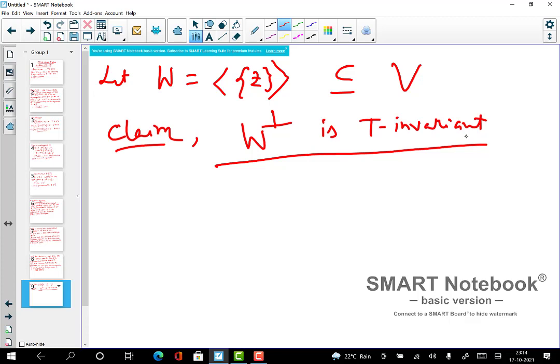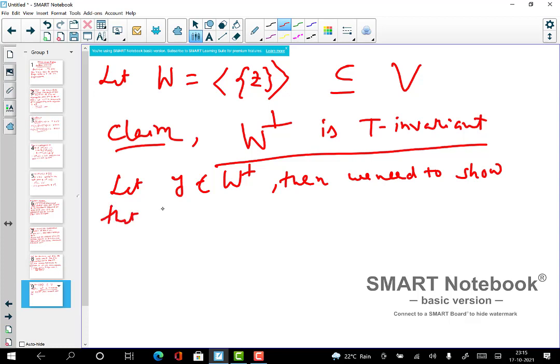So to prove something is T invariant, what do you need to prove? You need to prove that for every element of W perp, the image under T is again an element of W perp. So what does that mean? You choose any element, say y belongs to W perp, and we need to show that Ty is also an element of W perp.